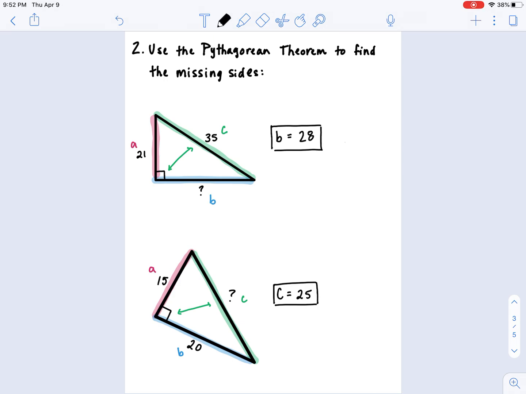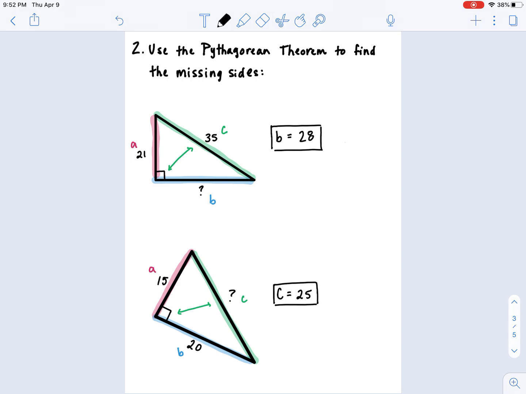On this first screen, I just have the answers shown for you. The answer for the first triangle is 28. And if you had that side as your A value, that's also fine, as long as you got 28 for that missing side.